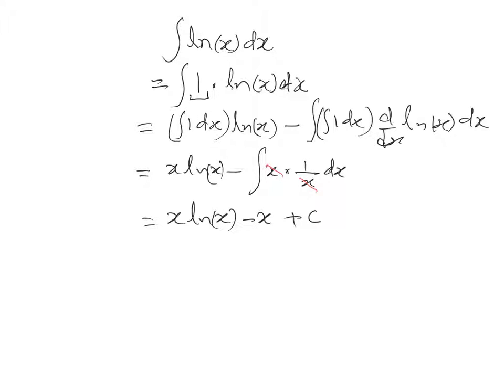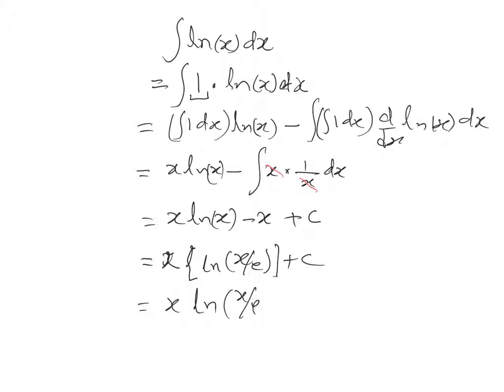We can, however, write it as x times ln of x over e plus a constant, because ln of x over e is ln of x minus ln of e, which is ln of x minus 1.